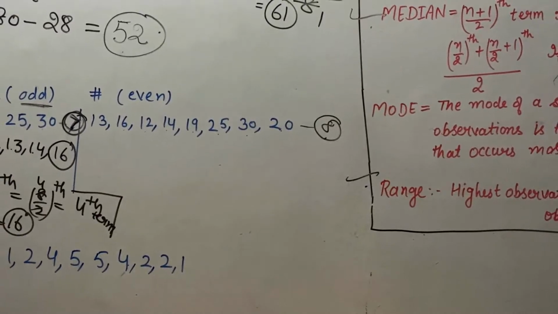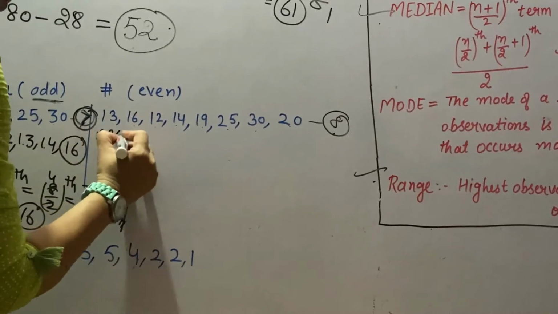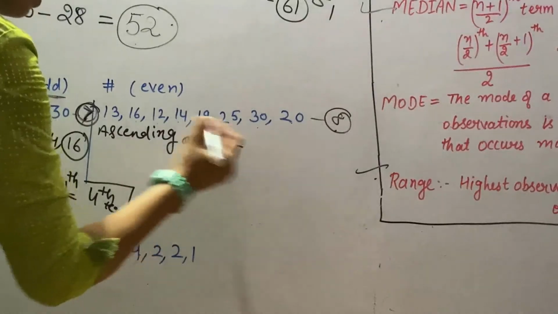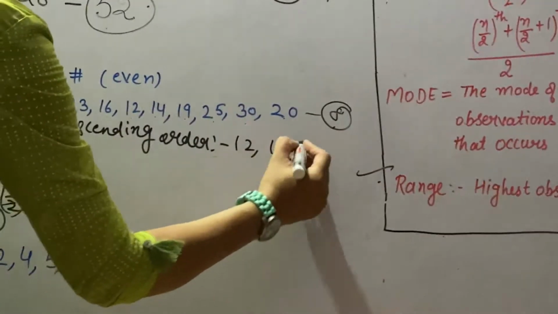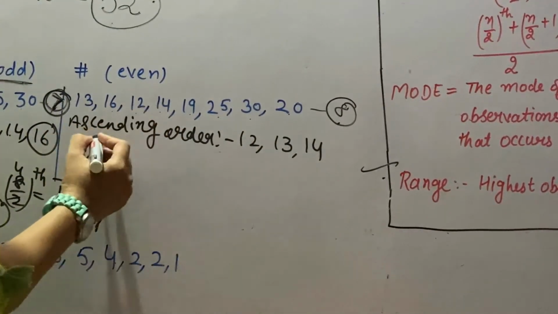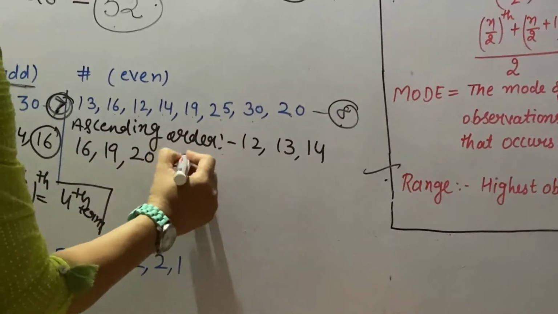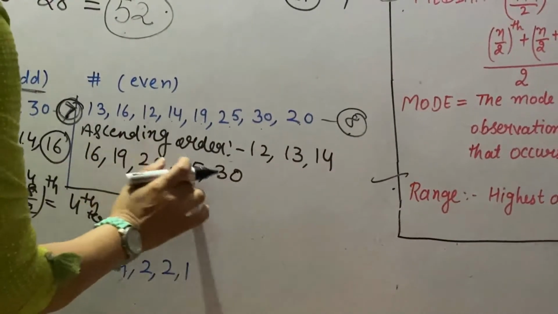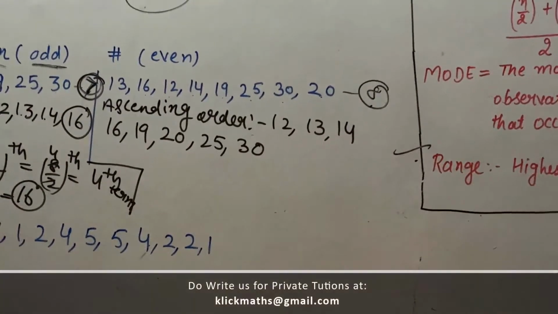First, in the same way, arrange these numbers in ascending order. 12, 13, 14, 16, 19, then 20, 25 and 30. This is the ascending order of the given numbers.